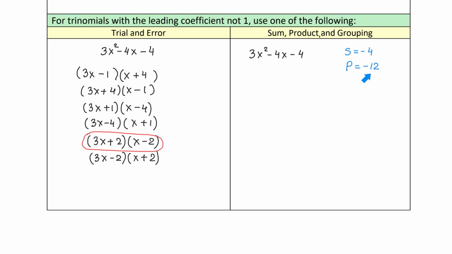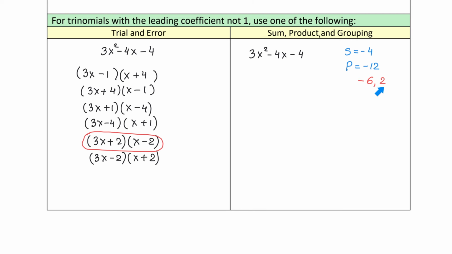So to get this product, we need to multiply the coefficient of x squared and the constant. And now two numbers whose sum is negative 4 and whose product is negative 12 are negative 6 and positive 2. If we add these numbers, we will get negative 4, but if we multiply them, we will get negative 12.